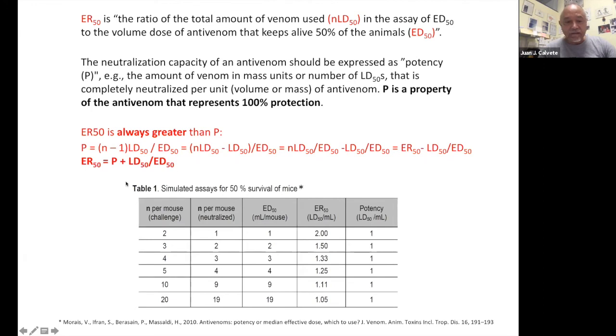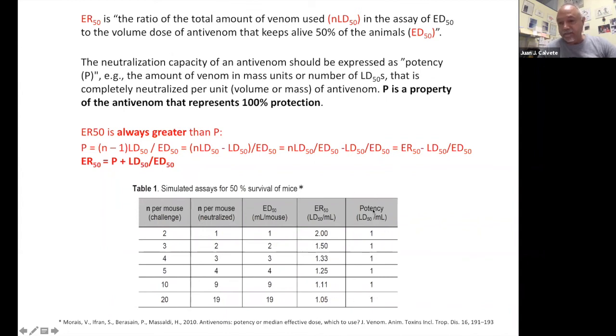And this is expressed in this way because the ED50 depends on the number of LD50s that have been used to calculate the ED50 of the antivenom. You see here, for a smaller number of LD50s, it can be as much as 2 times the real potency of the antivenom. And only when you sufficiently increase the number of LD50s used in the assay do they converge to the same figure.